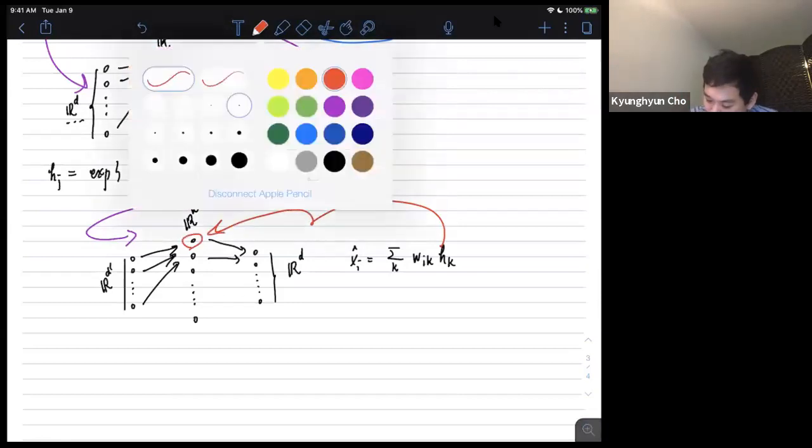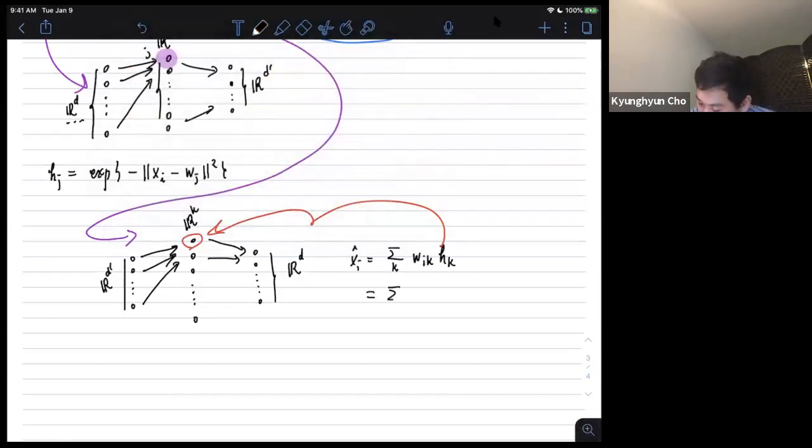And then how I can write it down further is that HK is going to be some kind of nonlinear function. I'm going to say sigmoid function. We learned about the sigmoid function when we talked about logistic regression at the very beginning of this course.